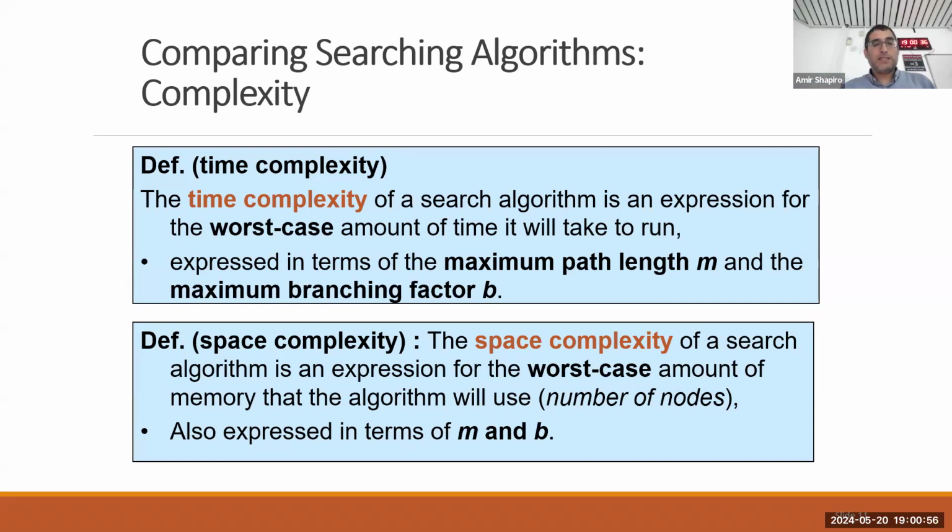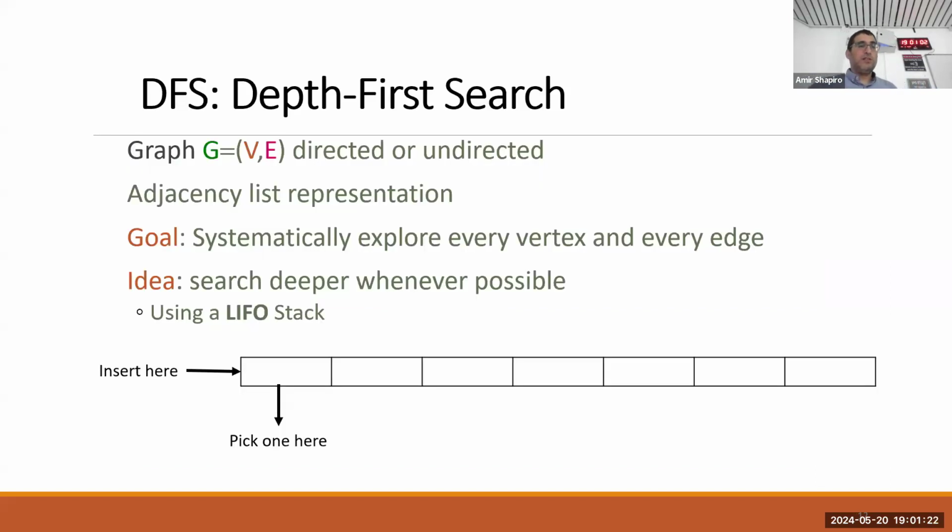And space complexity, again, is the expression for the worst case amount of memory that the algorithm will use, the number of nodes it has to remember, also expressed in terms of M, the path length, and B, the branching factor, which we'll talk about in a minute.